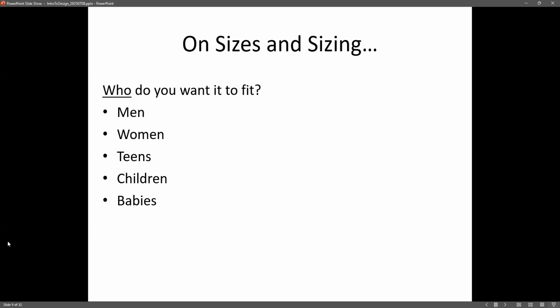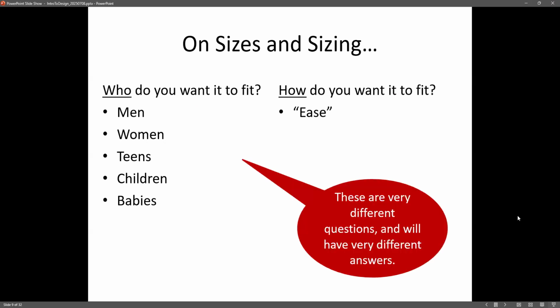The second question is, how do you want the thing to fit? You need to answer both of these questions. They're very different and will have very different answers.